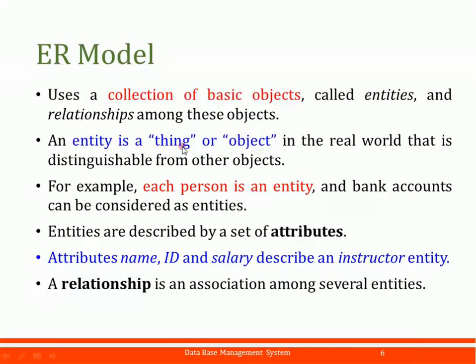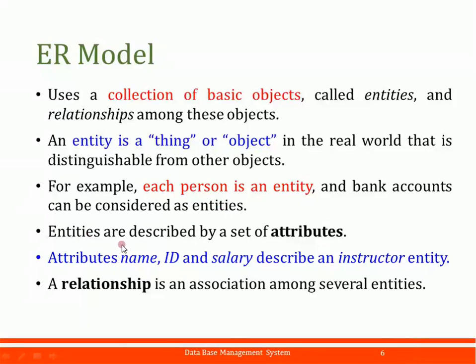An entity is a thing or an object in the real world that is distinguishable from other objects. Like student is an entity, instructor is an entity, course is an entity, project is an entity, and so on. For example, each person is an entity, and bank accounts can be considered entities, and so on. Based on your scenario, you can choose your entity.